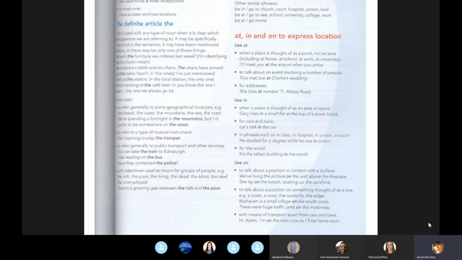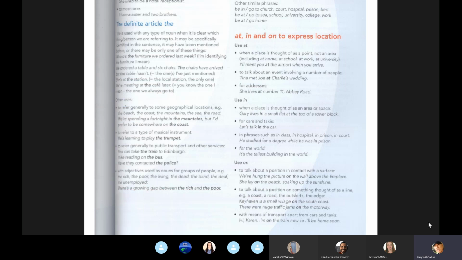We use in phrases such as in class, in hospital, in prison, in court. He studied for a degree while he was in prison. So with these words, normally we use in.